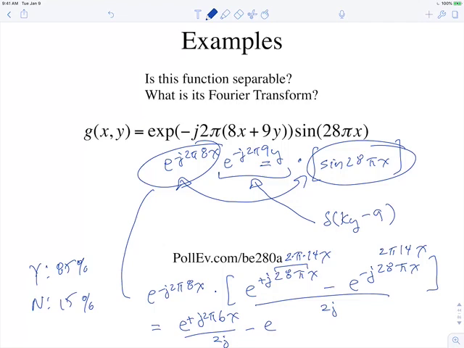So it's e to the minus j 2 pi 22x over 2j. Everyone see that?